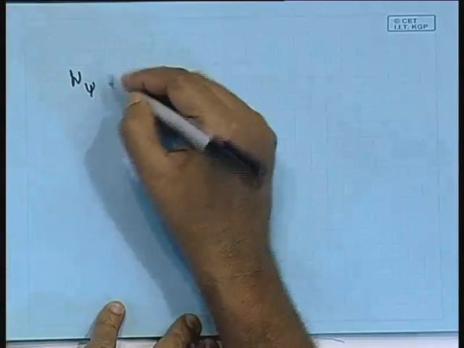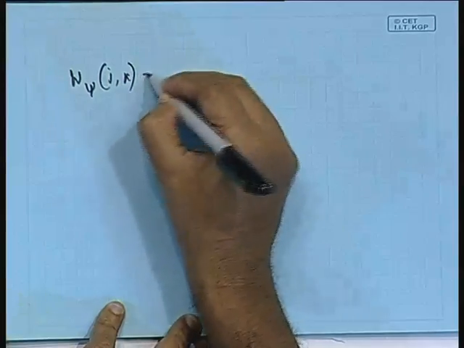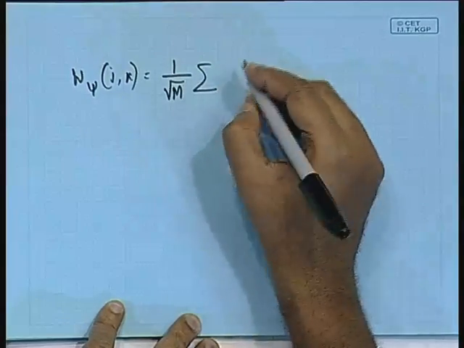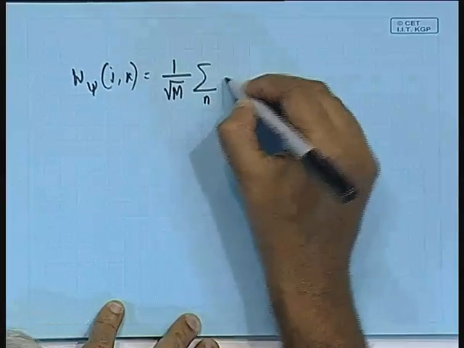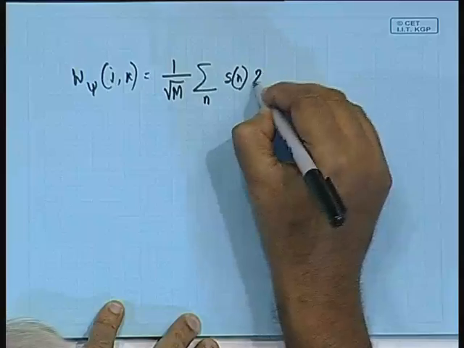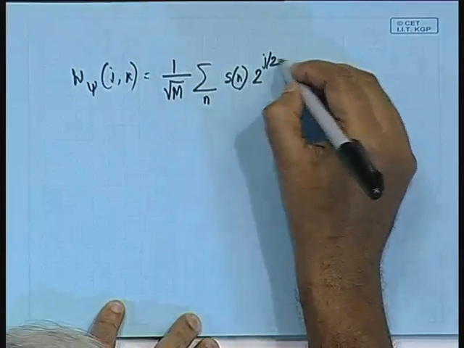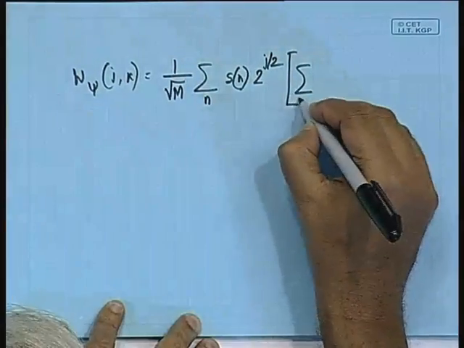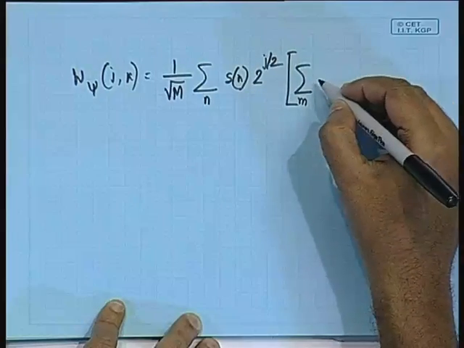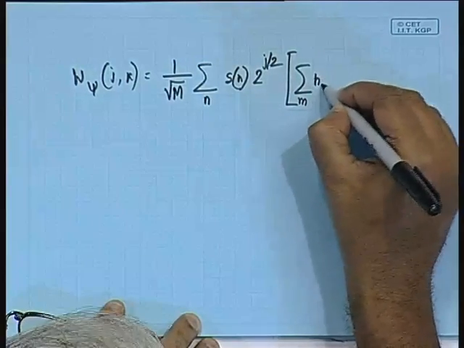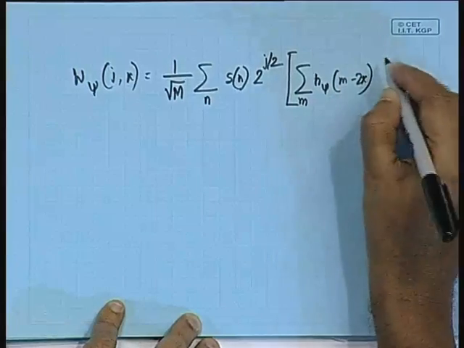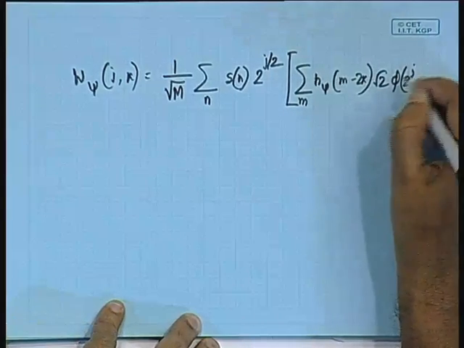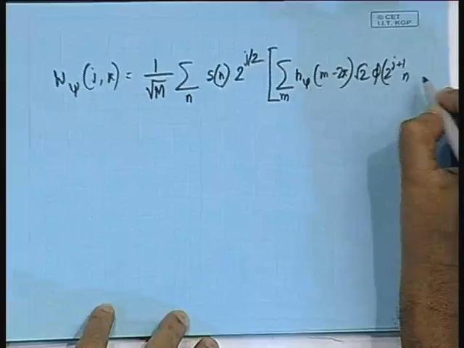W psi j k should be obtained as 1 by root over m summation n into S n 2 to the power j by 2, and now instead of psi 2 to the power j m, the new form that we wrote, summation m over m h psi m minus 2 k into root 2 phi 2 to the power j plus 1 n minus m.